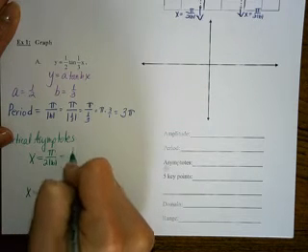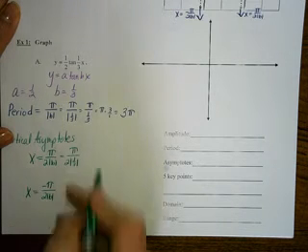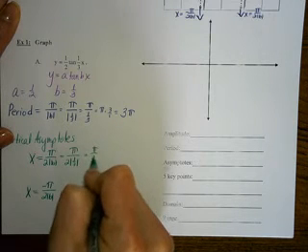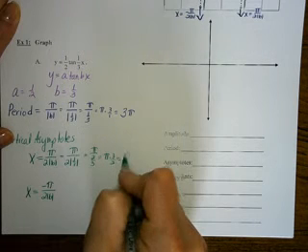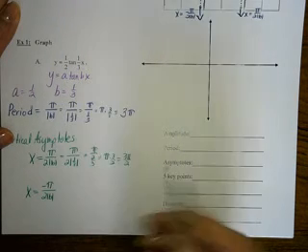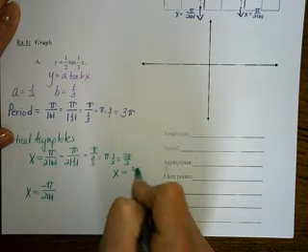So here we have pi over 2 absolute value of a third. So that's going to be pi over 2/3. And when I multiply by the reciprocal, we get 3 pi over 2. So my first asymptote is at x is equal to 3 pi over 2.